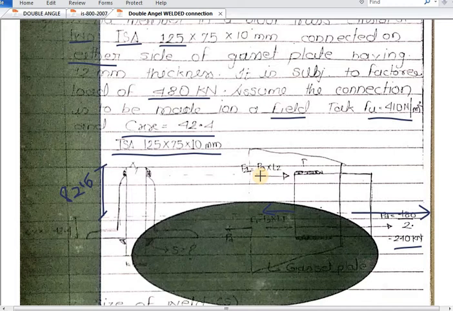How is this PS, that is the design strength of fillet weld per mm, multiplied by length? Because what is force? Stress into length is the force. Because what is the definition of stress?